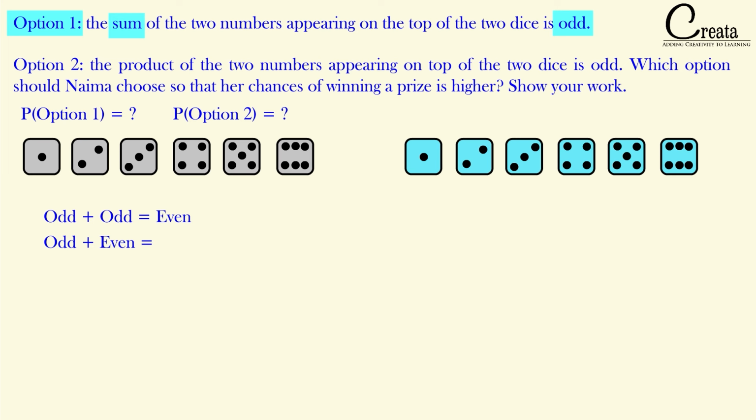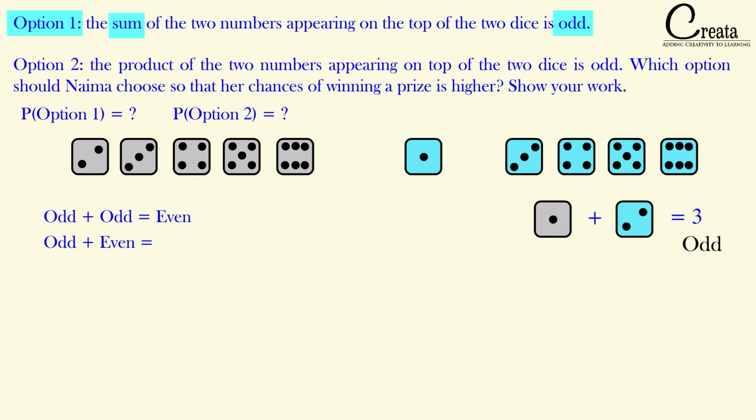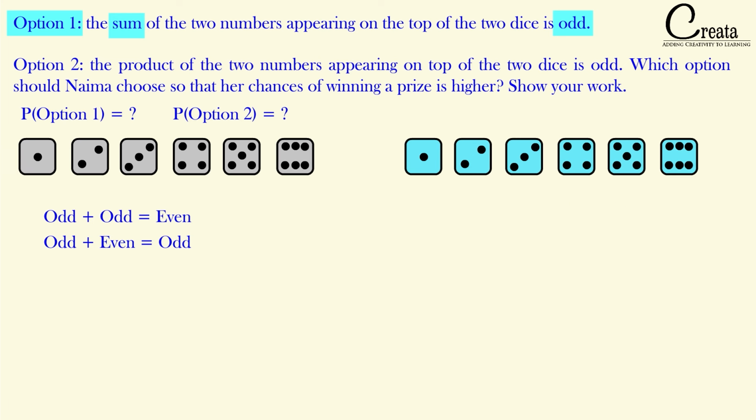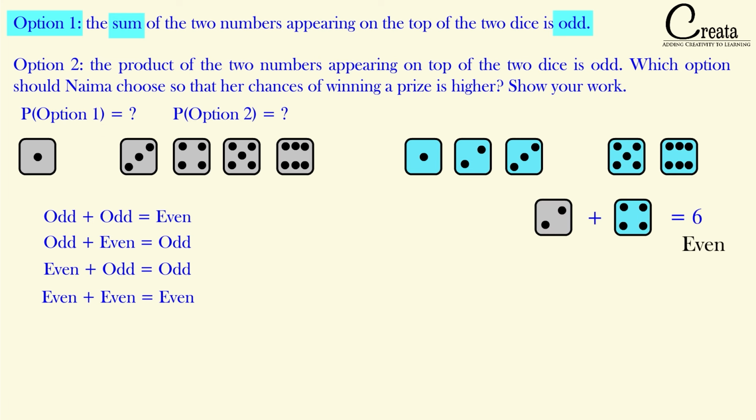If we get one odd and one even, for example 1 and 2, the addition 1 plus 2 is 3, that is odd. So odd plus even is always odd. Got it? Further, even plus odd is also odd. Further, even plus even is even, like 2 plus 4 is 6.